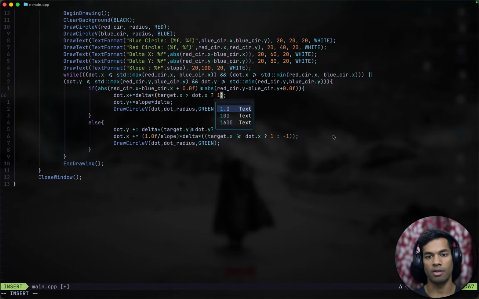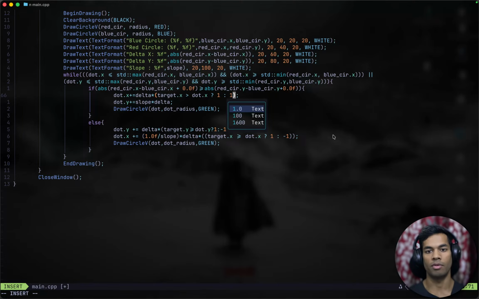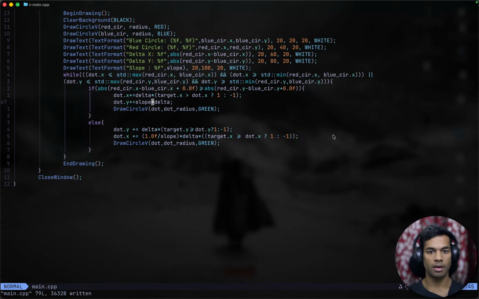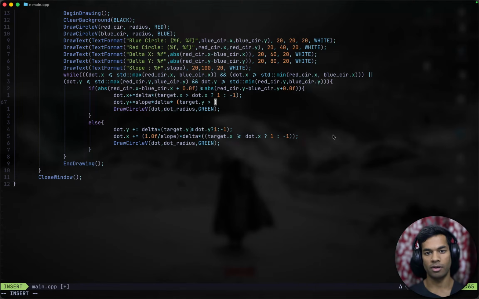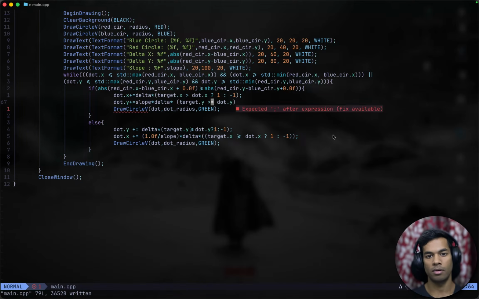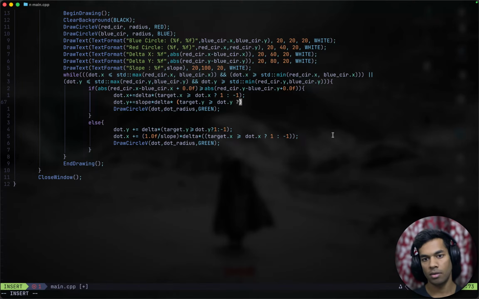If that is the case, then add, otherwise subtract. And here also, depending on target dot y, if that is greater than dot y, or even equal, then add, otherwise subtract.